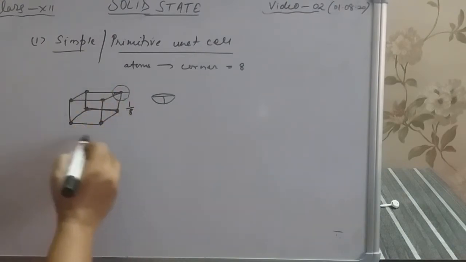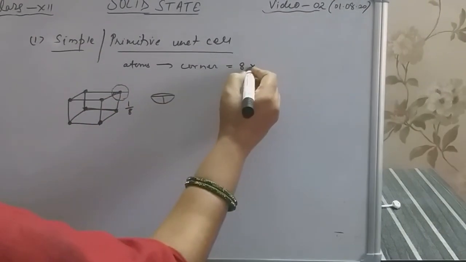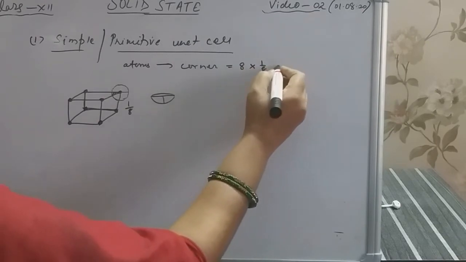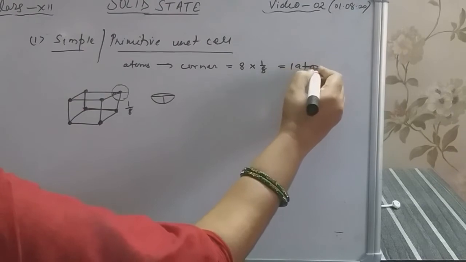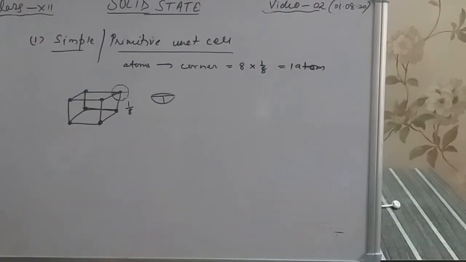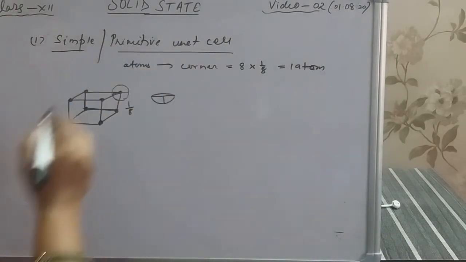So total 8 corners, so how many atoms are present? Total 1 atom is present in the primitive unit cell. Try to understand, students.